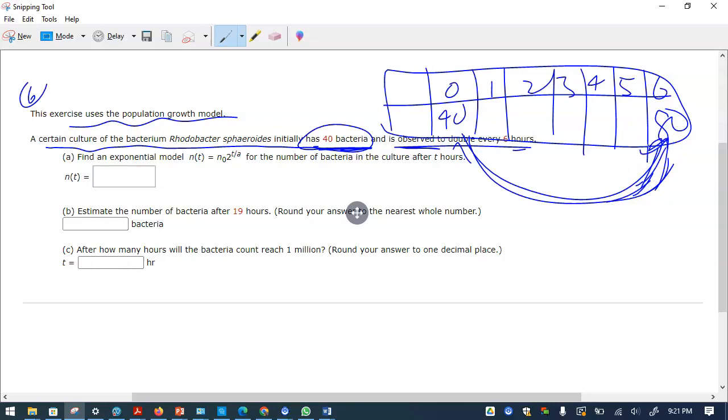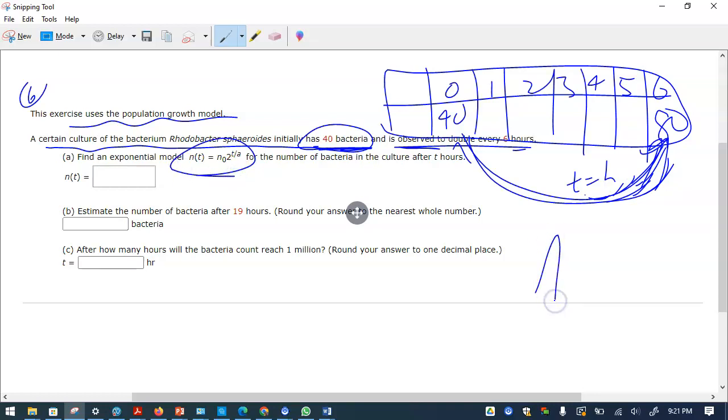From here to here, it's like a 100% growth rate. So the formula is already given to you.